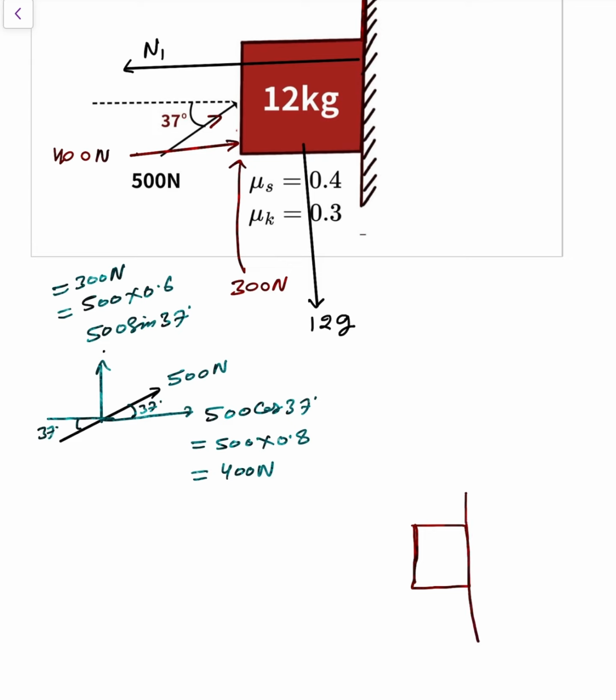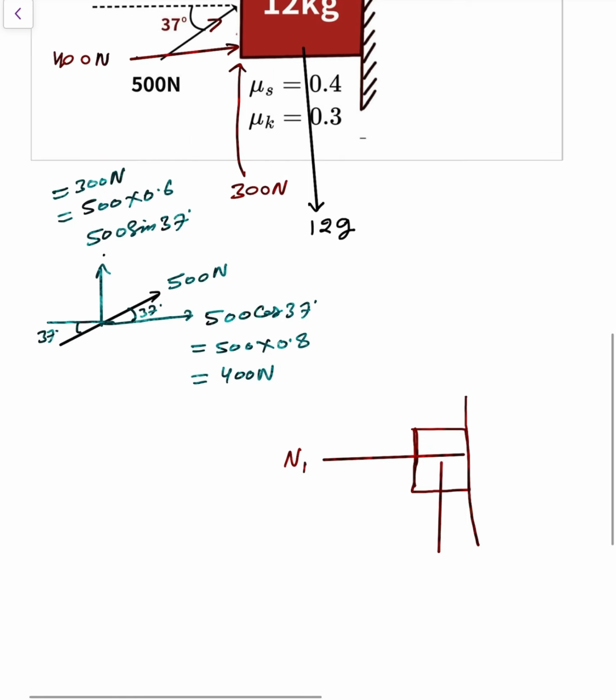like that one, here n1, here mg, 12g, here 300 Newton.